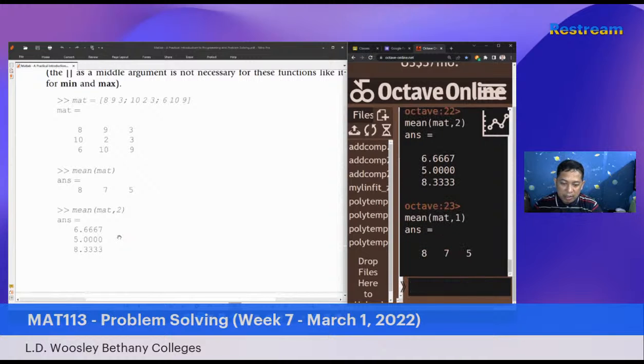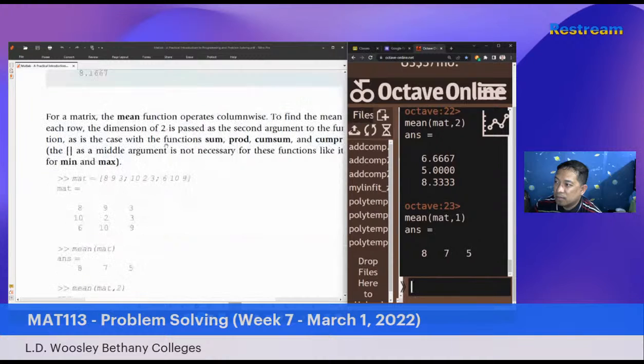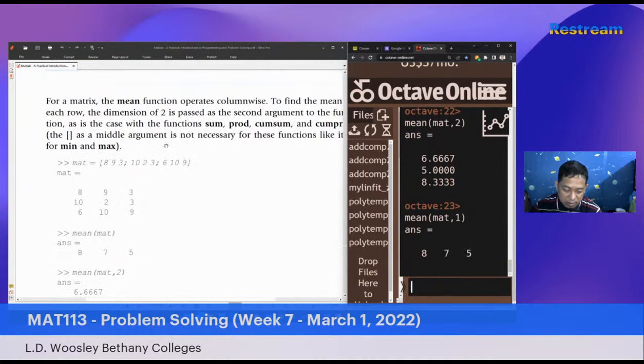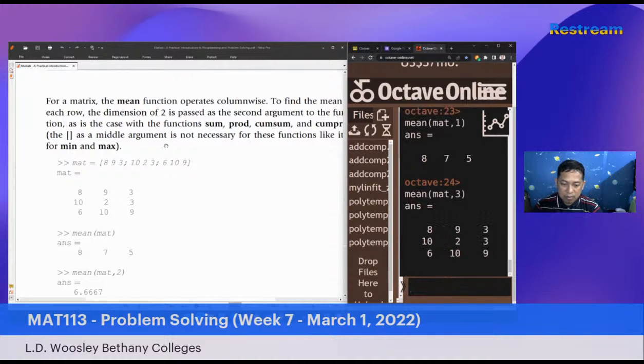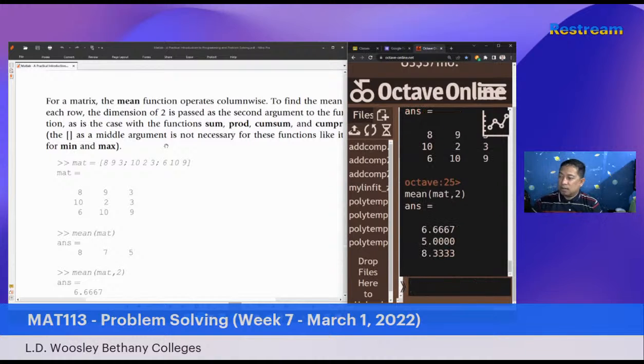So kapag 1 ang ginagay dyan, that's the original, on first column. Okay, so ganun yung ano niya, for 2. Yan.